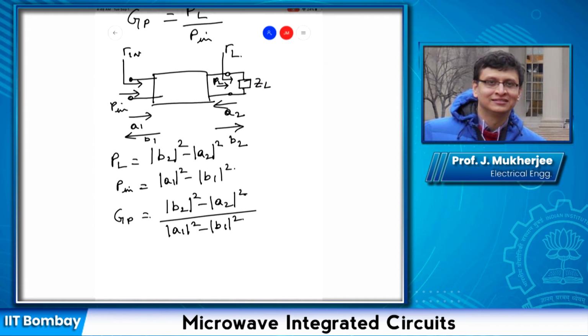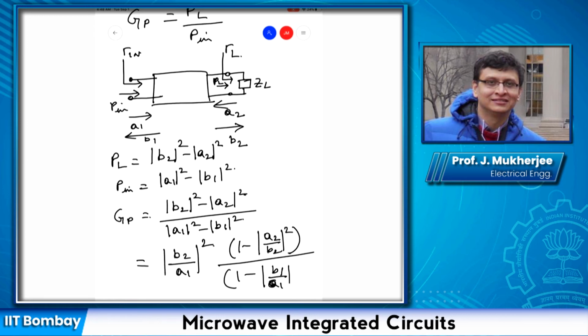Now if I take B2 square common from the numerator, and A1 square common from the denominator, it becomes B2 by A1 modulus square into 1 minus A2 upon B2 square upon 1 minus B1 on A1 square.